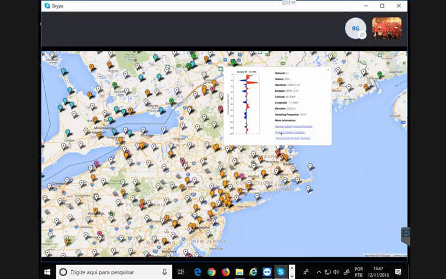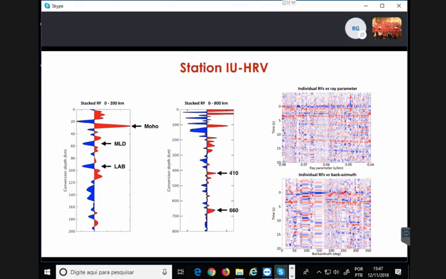And if you click on some of these other buttons here, you would get more information about this same station with, again, the stacked receiver functions from the surface to 200 kilometers depth, and from the surface to 800 kilometers depth.